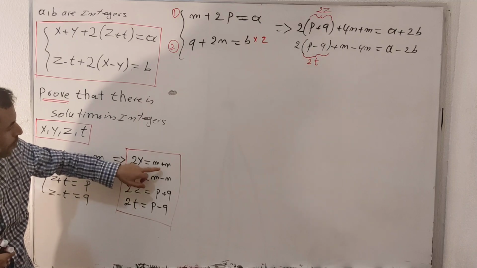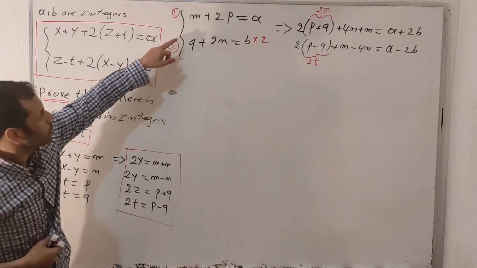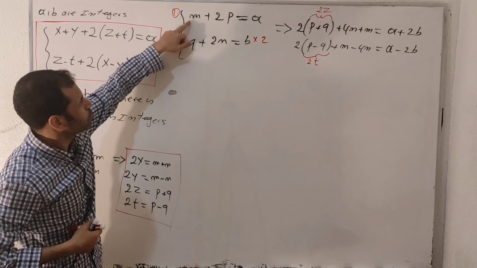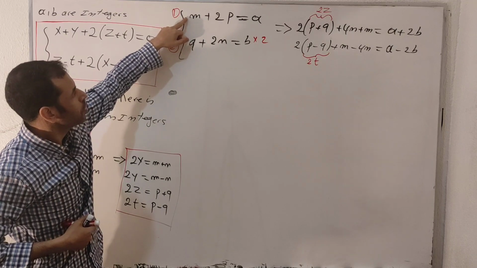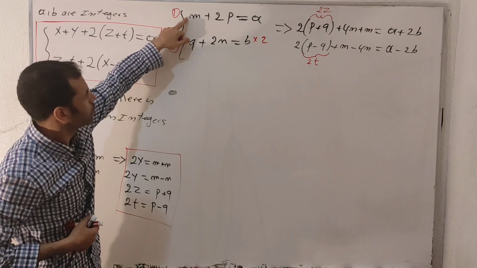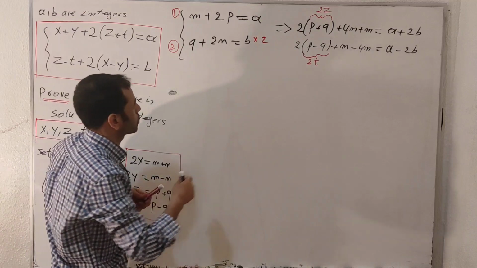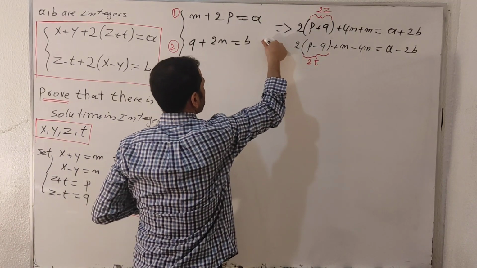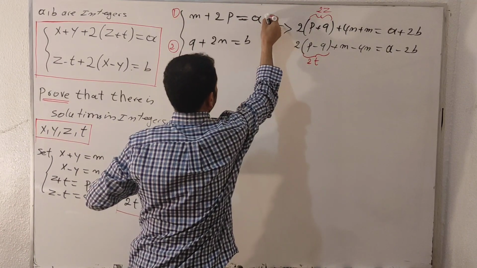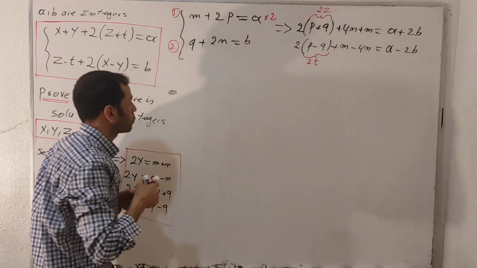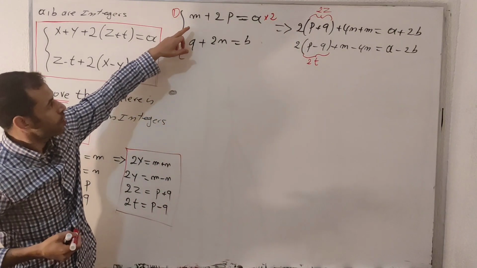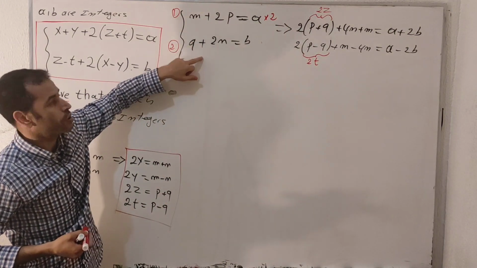I'm going to look for m plus n. In order to get m plus n, I'm simply going to multiply the first equation by 2. So I'm going to take off the 2 from here and multiply the first equation by 2, then sum both equations.